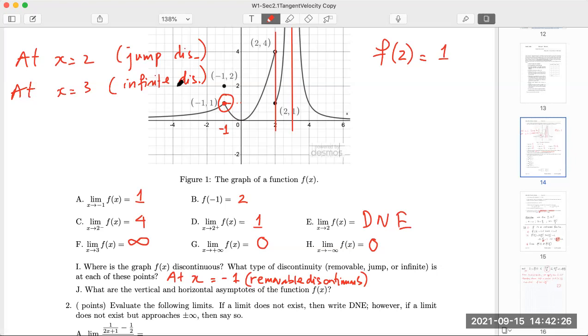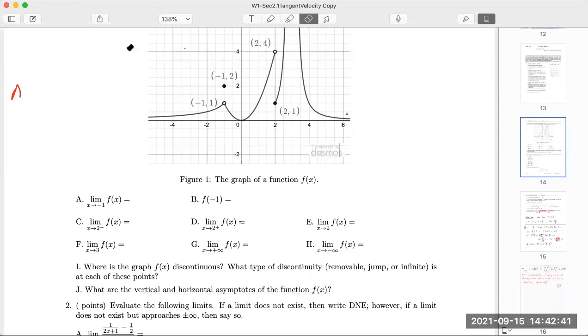What are the vertical and horizontal asymptotes of this function? When we go back to the definition, a vertical asymptote is when the limit of f of x as x approaches a point is equal to infinity, from the right or from the left or something like that.